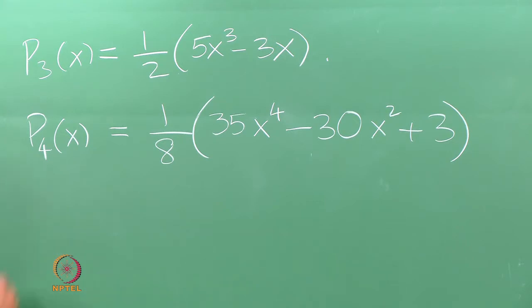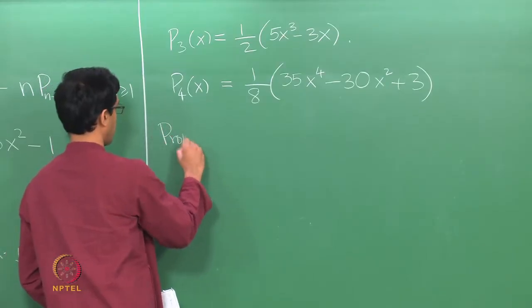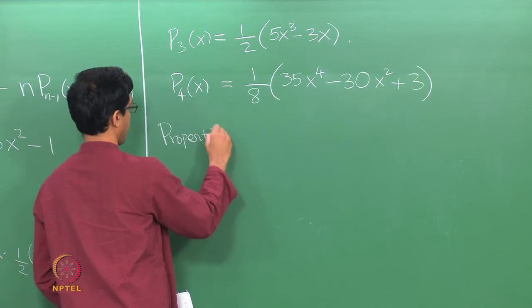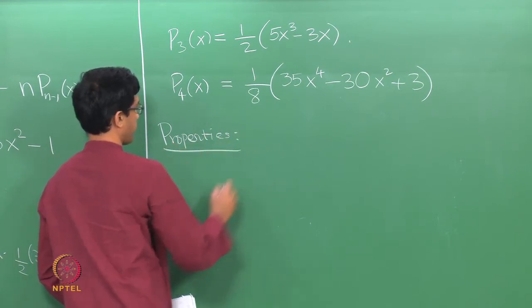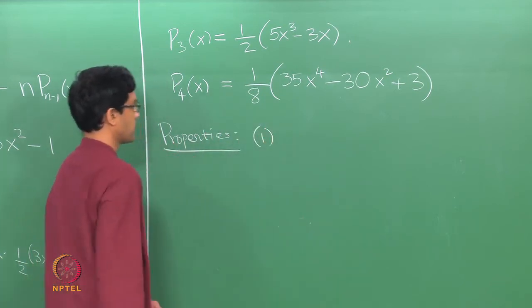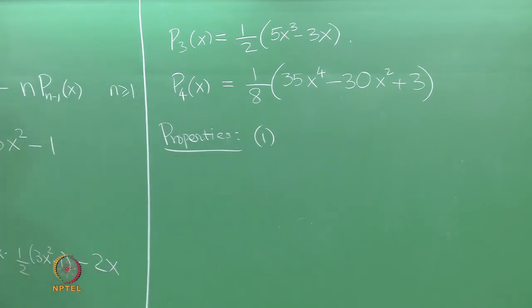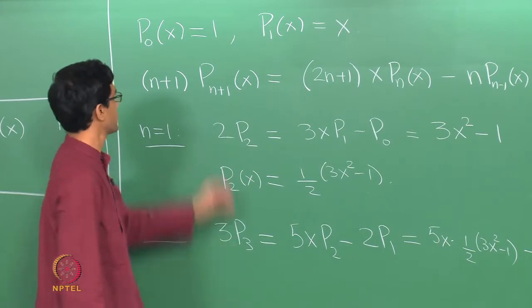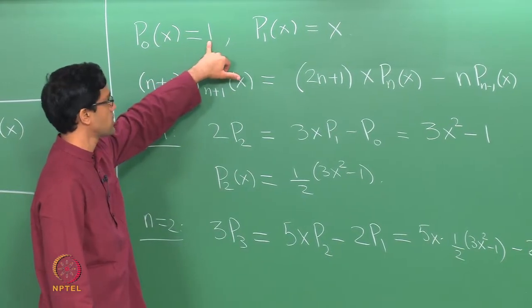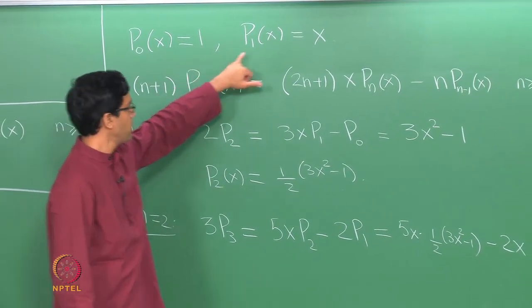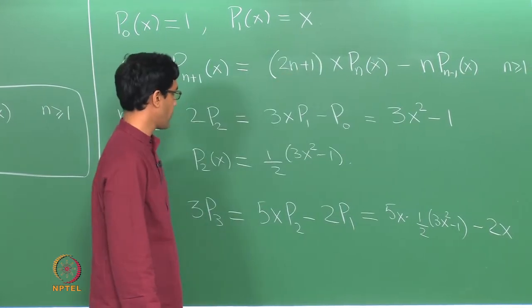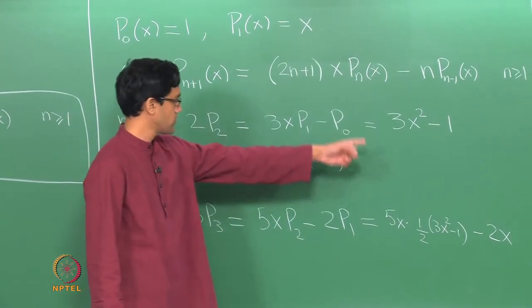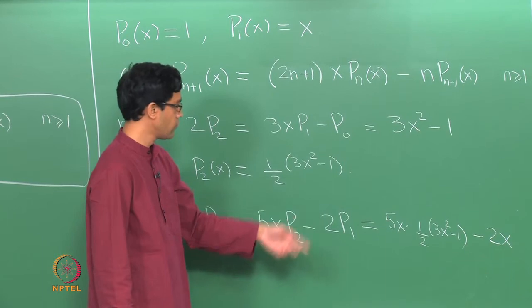Observe one key property of the Pn's which it shares with the Tn's: these are all polynomials of successively higher and higher degrees. P0 is a constant, that is a degree 0 polynomial. P1 is x, which is a degree 1 polynomial. P2 is 3x squared minus 1 by 2, a degree 2 fellow.